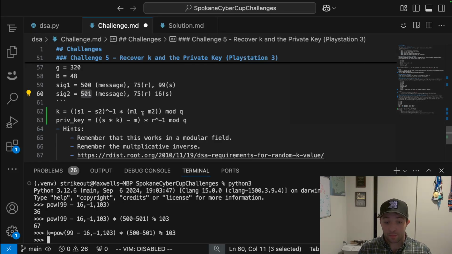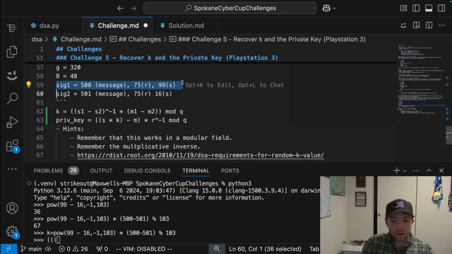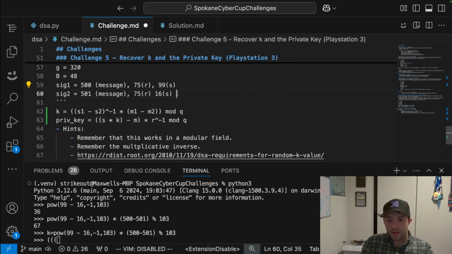And now we've learned how to recover the nonce. We need to do the same thing as before with recovering the private key. This time we recover the K ourselves. So we need to do S, and we can just choose one of these signatures at this point. So I'm just going to choose this signature here, but we just need to make sure they're the same.